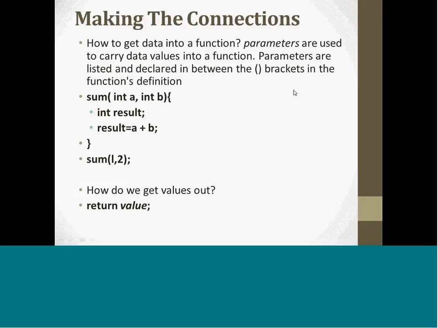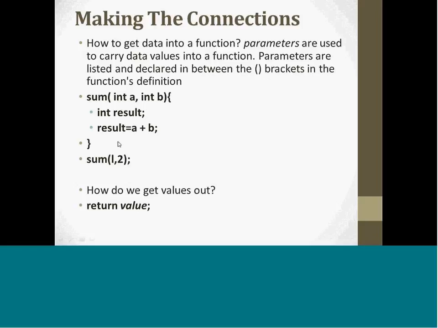The next question is how to add data into the function and how to get a result from the function. To get data into the function, we use parameters. Parameters are used to carry data values into the function, and parameters are listed as declared between the brackets in the function definition.